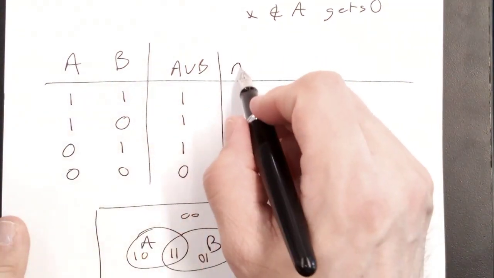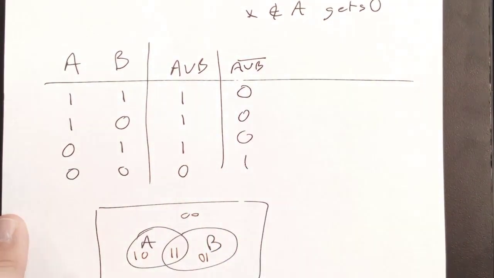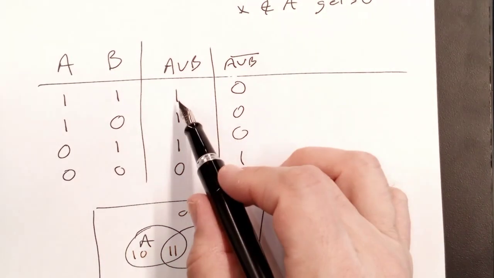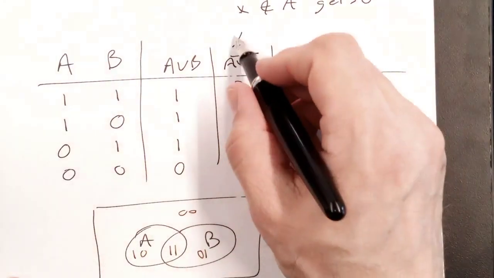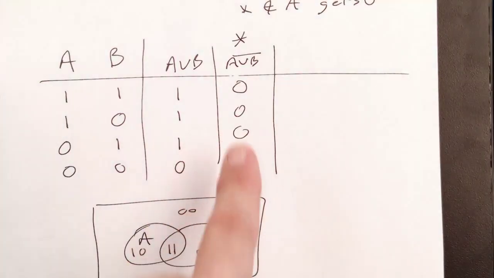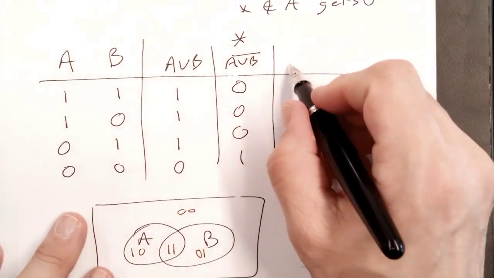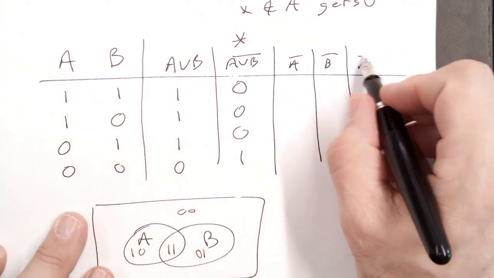The complement becomes, yes, sir, means not in. So it's the opposite of being in is being out. That's the left-hand side here. So I put a little star on that. That's one of the columns I want to keep track of. Now I do the other side, which was A complement and B complement.